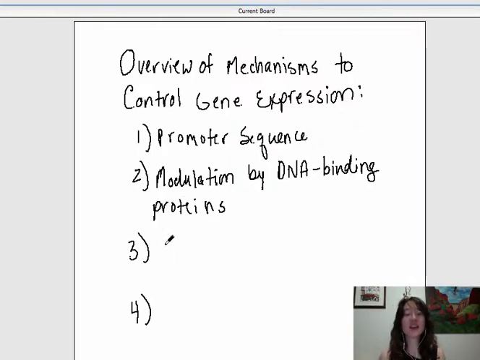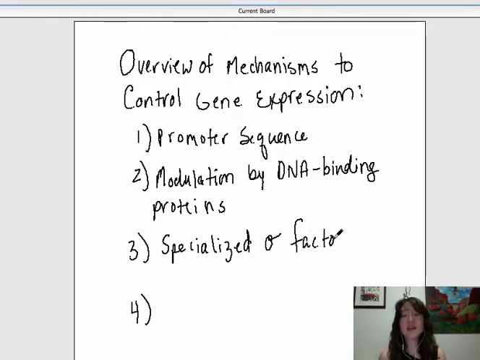Another is a very nuanced way, and this is by production of specialized sigma factors, and in a sense, the specialized promoters that are recognized by these specialized sigma factors. Let me give you an example of what I mean by this.